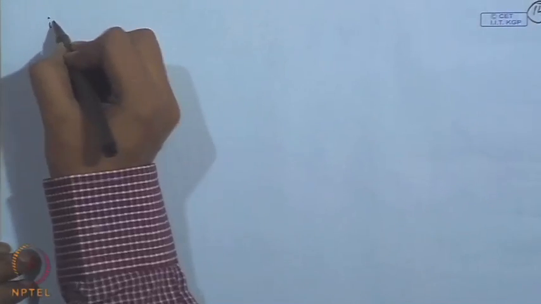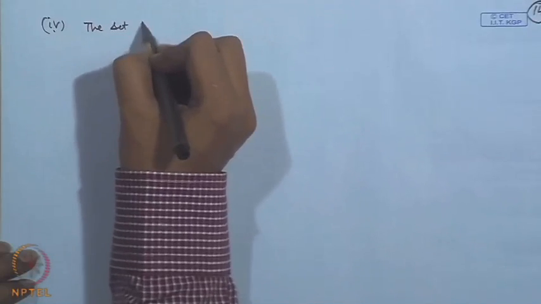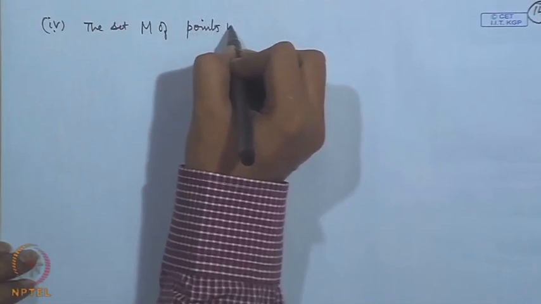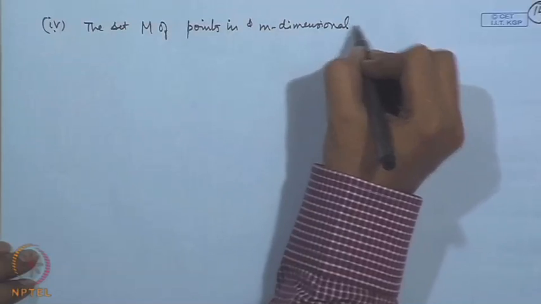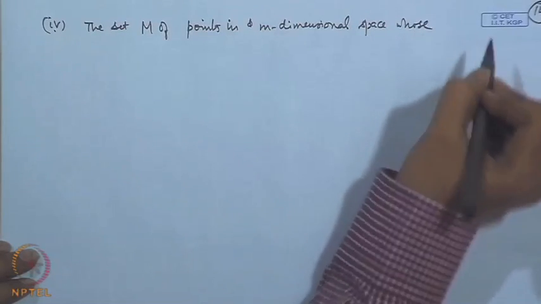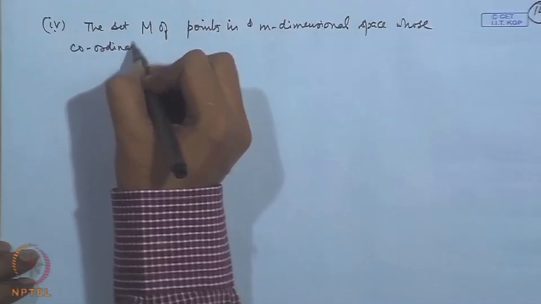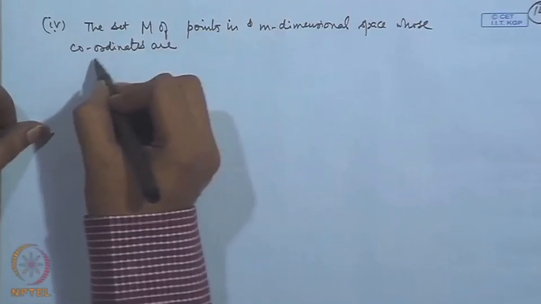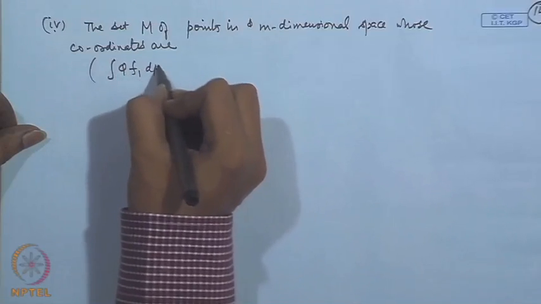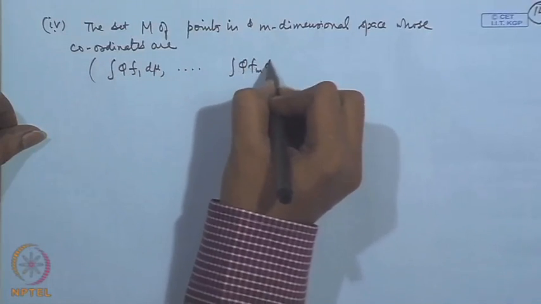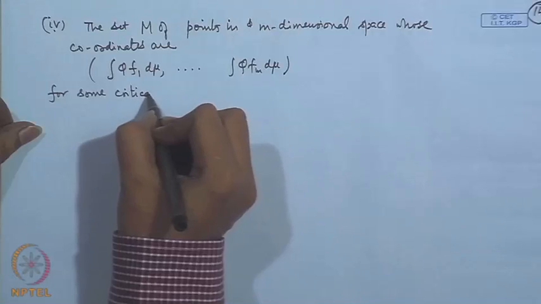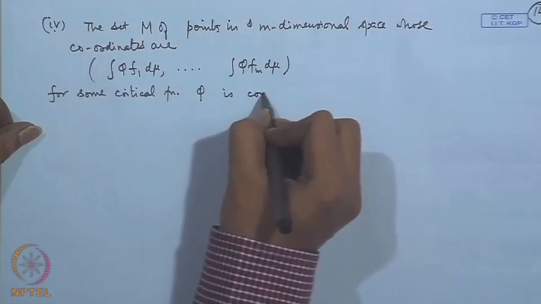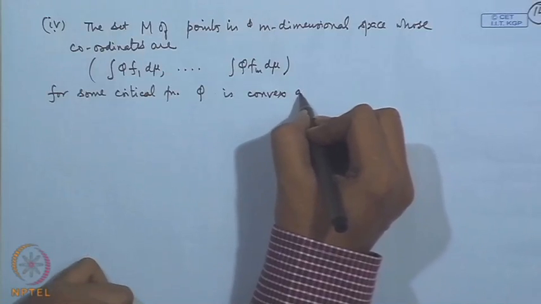And then lastly, the set M of points in the m dimensional space whose coordinates are say integral phi f 1 d mu and so on, integral phi f m d mu for some critical function phi, this is convex and closed.